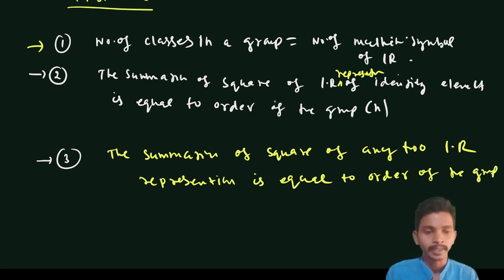Okay, here identity means we are talking about the dimensions. The summation of the square of irreducible representations of the identity element is equal to the order of the group.